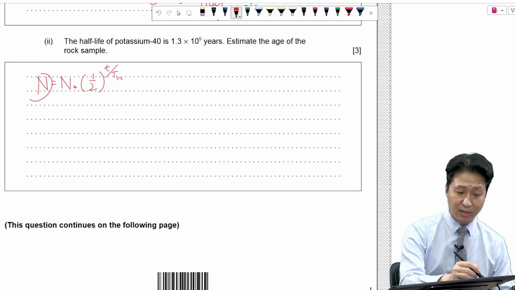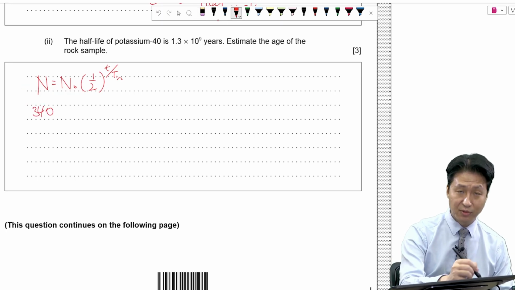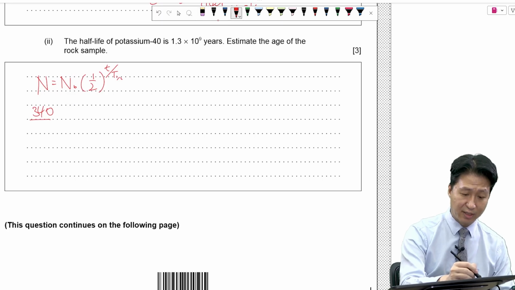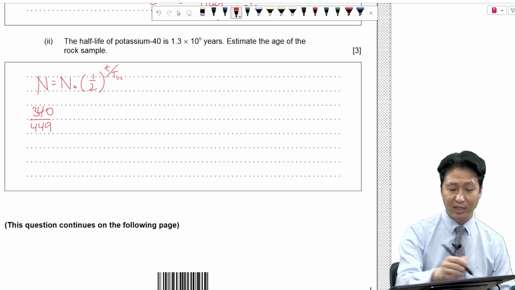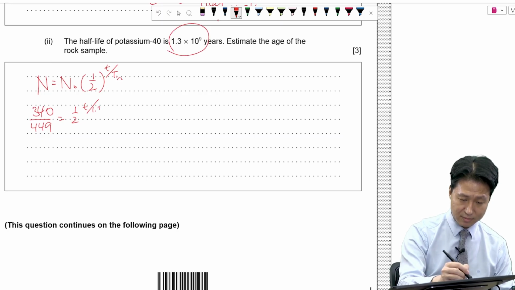This is the current number, which is 340 micromoles. This is the original number, which is 449, as given in the previous problem. You're going to divide them so we don't need the units. Equals 1/2 to the power of t divided by 1.3 times 10 to the 9.